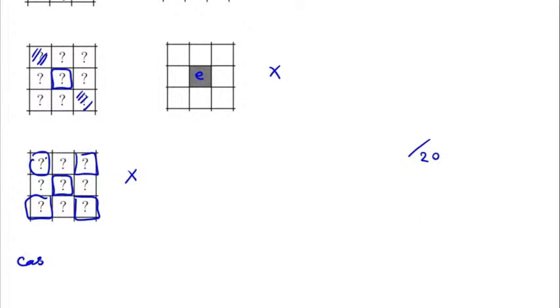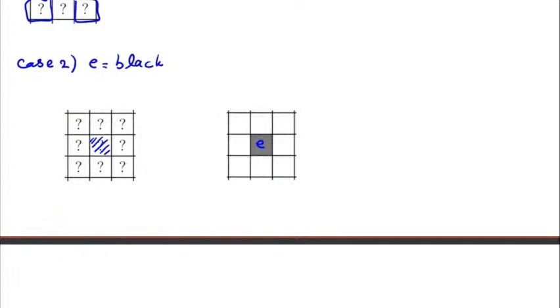Now, let's consider second case, case 2, that E is black. E is black in case number 2 and the midpoint is black. Now, by the condition of the problem, we have 2 blacks or 3 blacks adjacent to reach black again in the mid cell center.